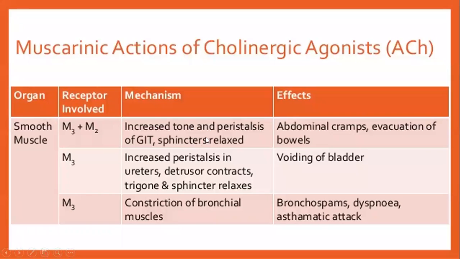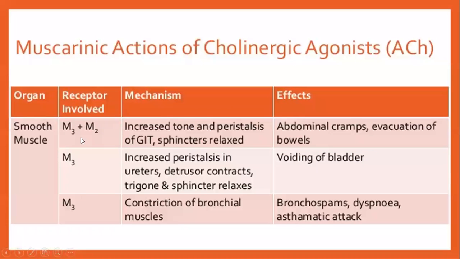Why is it relaxed? It acts through M2 receptors. M2 receptors have a somewhat relaxant-like effect. But M3 receptors produce a contraction effect, because M3 receptors act through the IP3-DAG pathway, and M2 receptors inhibit the adenylyl cyclase enzyme, so a smooth muscle relaxant effect is produced.